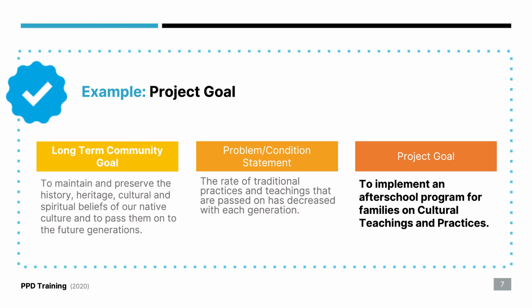However, your implementation of your project, I should say, is helping your community move one step closer. It's also helping your community identify and address that barrier statement, your current community condition. Your project is going to address the barrier that's keeping your community from achieving that goal.